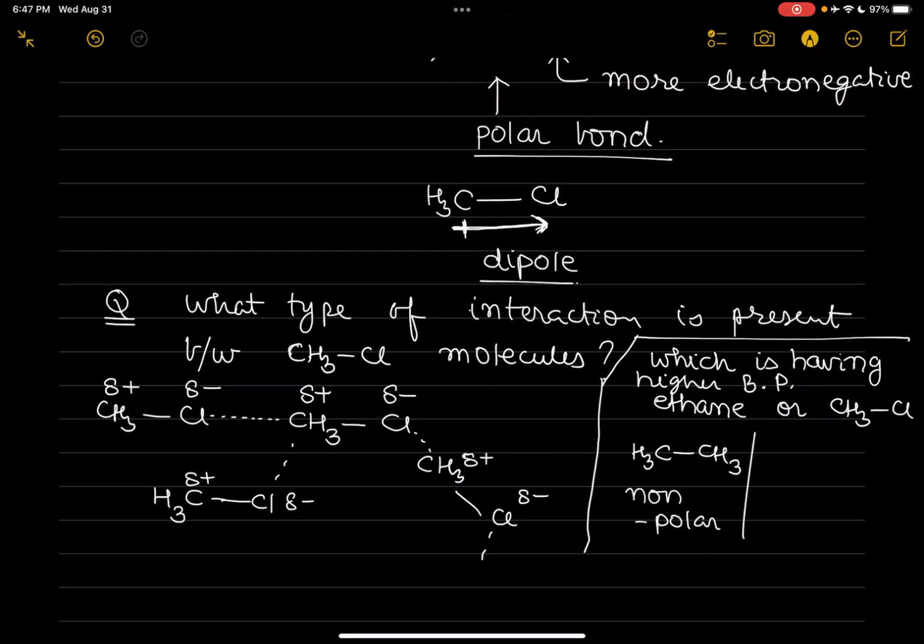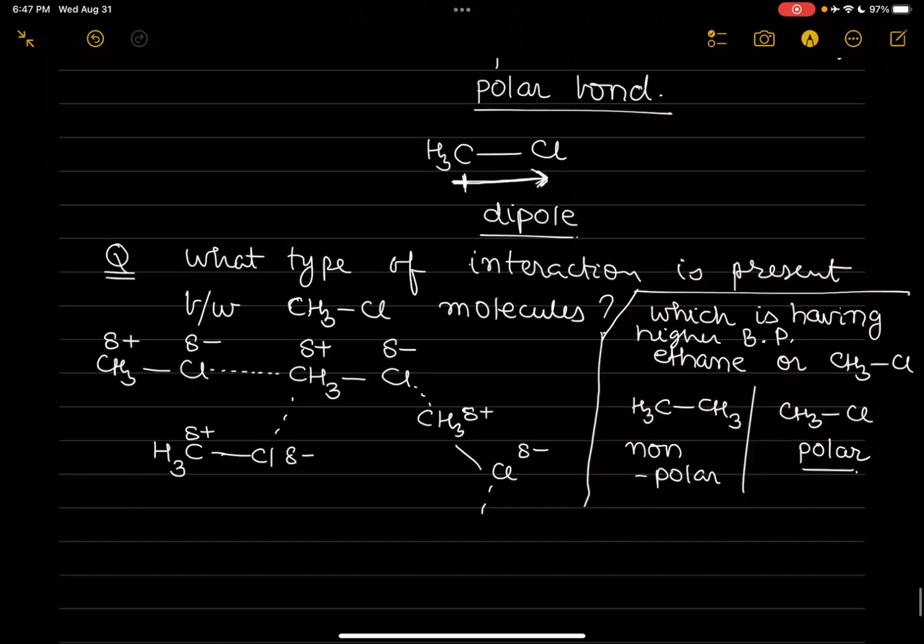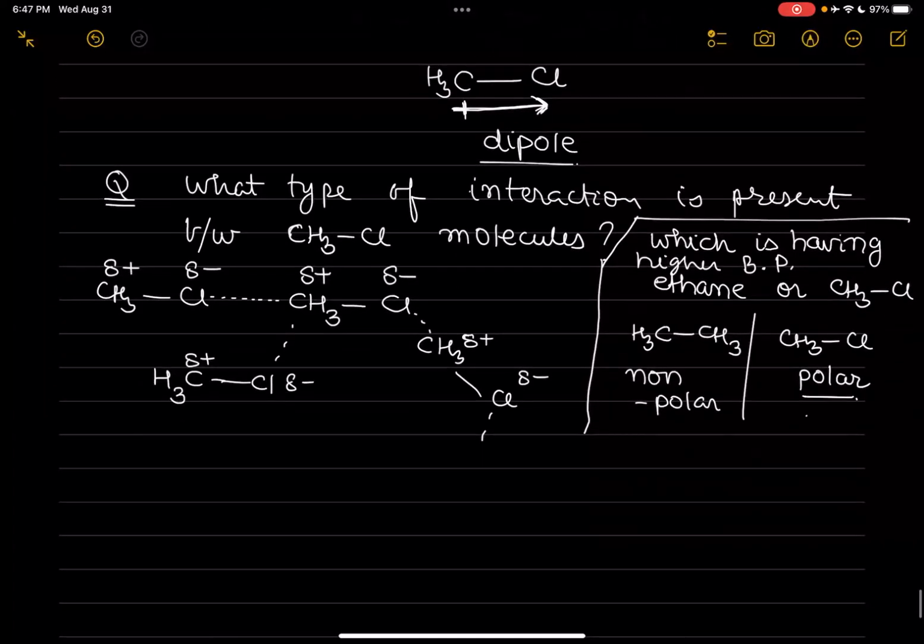And CH3Cl is polar, because there is an electronegativity difference, and because of this polarity the intermolecular forces are stronger. Stronger dipole attractions.